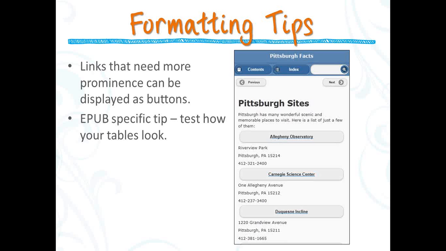So if you're outputting to EPUB, you might want to consider replacing your tables. You could use conditions to hide them if you want, and display that information in a chart or a graph instead. Be a little bit creative with that, and sometimes you might end up with a better result than a table. So I did want to point out that that's just one thing to think about.